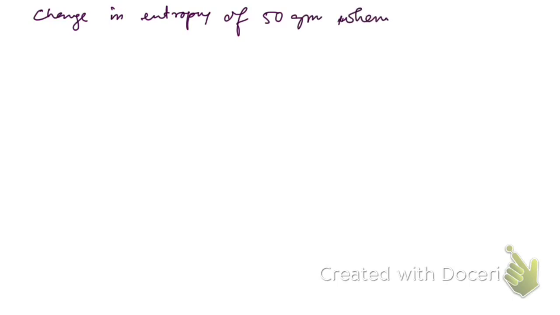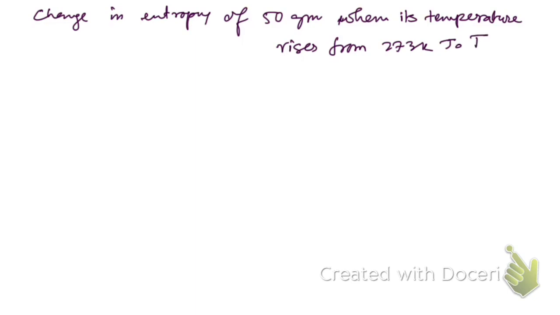So the change in entropy of 50 gram of water when its temperature raises from 273 Kelvin to T Kelvin, that is T is equal to 313 Kelvin.